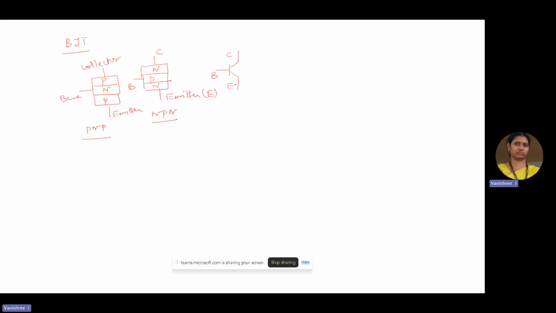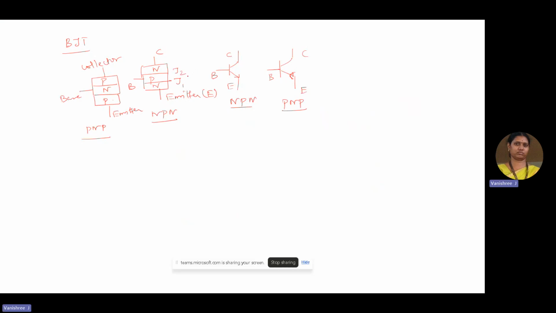So how to identify the type of the transistor? It all depends upon the direction of the conventional current. If the emitter current is flowing away from the junction, then it is the NPN transistor. And if the emitter current is flowing towards the junction, then it is called a PNP transistor. Here there are two junctions, junction 1 and junction 2.